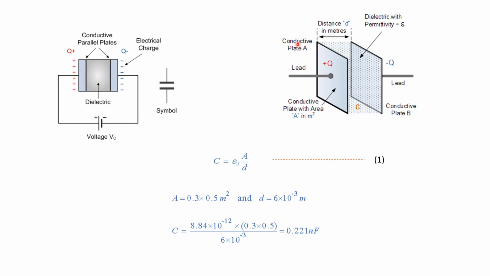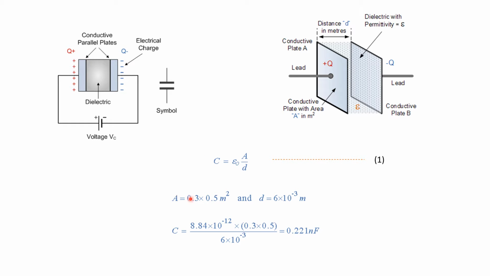From a design perspective, there is one plate whose size is A in meter square, and another plate of the same size, and the distance between these two plates is d. The material you are putting inside is the dielectric with permittivity epsilon. The book definition says capacitance is equal to epsilon naught A by d.